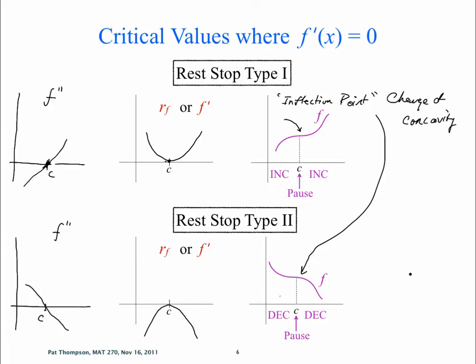And then it pauses, and then the rate starts decreasing. Okay? Rate here is increasing, getting less negative. Rate pauses, rate gets more negative. So with a rest stop at that critical value, both the accumulation and the rate of change pause. But in other situations, you can have one or the other pausing, right? Doesn't have to be both.